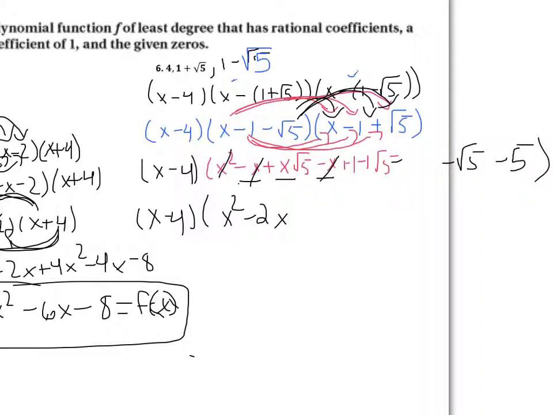This should have been minus x times the square root of 5. So those cancel each other out. Then I have 1 minus the square root of 5 plus the square root of 5.